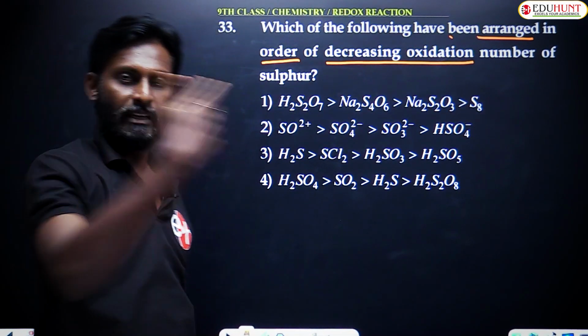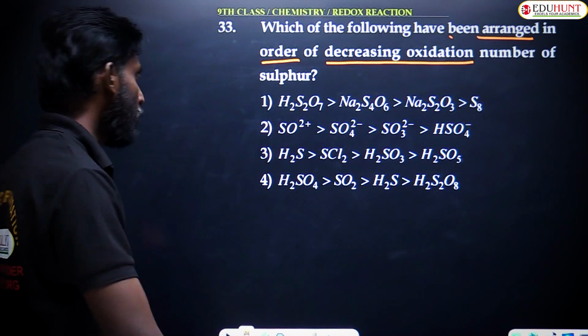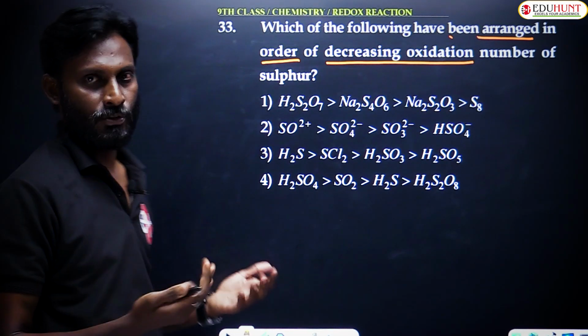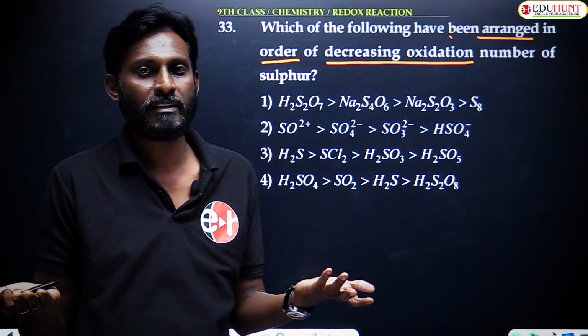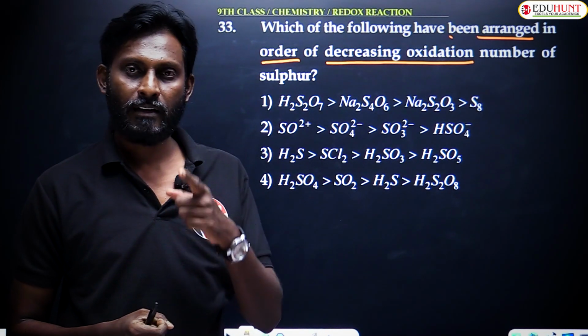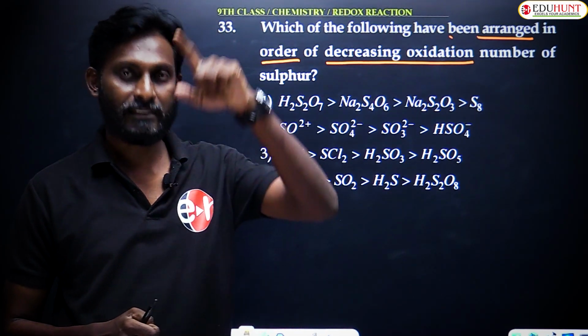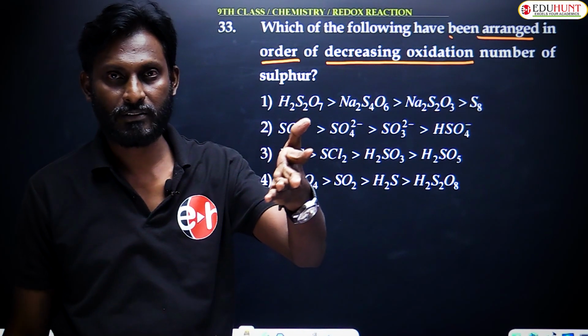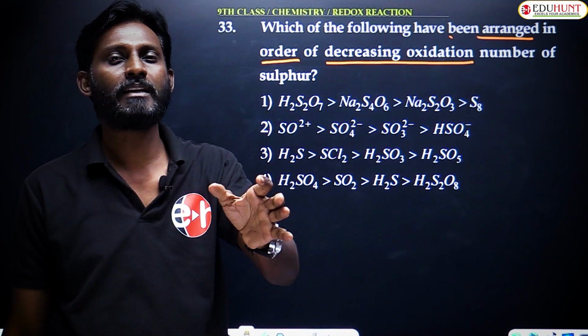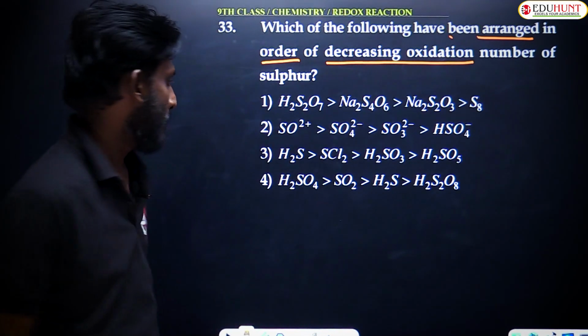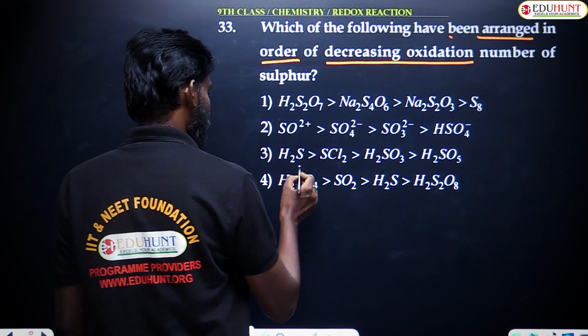Decreasing order, how? That means you have to start with the highest oxidation number. See, in the valence shell of sulfur, there are 6 electrons, right? The highest oxidation number for sulfur will be +6. Now here it starts with +6.